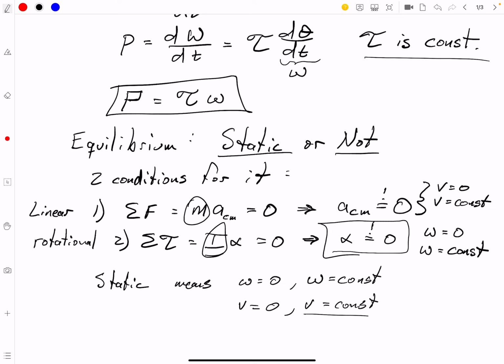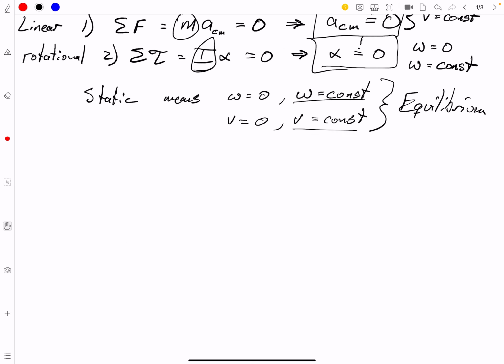Even though these things might actually be moving with respect to us, it doesn't matter. It's still considered equilibrium, simply because these things are true right here. Okay, I hope nobody has questions on that.